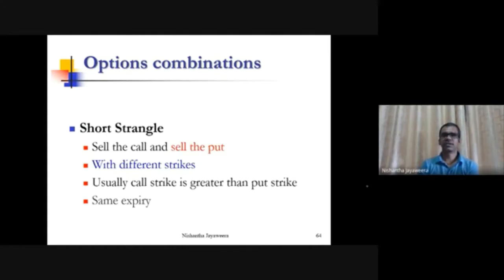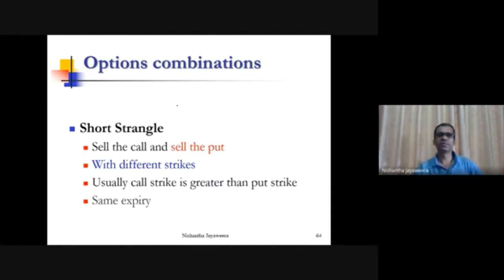So in a short strangle, you do the opposite. Instead of buying the call and the put, you sell the call and the put, again with two different strikes, generally with the higher strike for the call and the lower strike for the put. Then again the payoff would be the opposite of the long strangle.